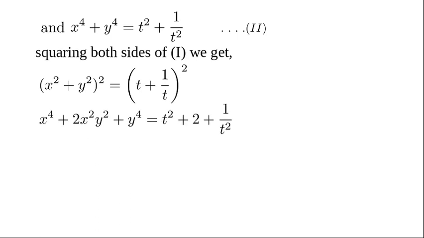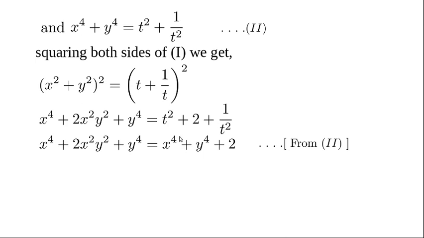So x raised to 4 plus 2x square y square plus y raised to 4 equal to t square plus 2 plus 1 upon t square. So t square plus 1 upon t square is x raised to 4 plus y raised to 4. And now this x raised to 4 and y raised to 4 get cancelled. We get 2x square y square equal to 2. So x square y square equal to 1.